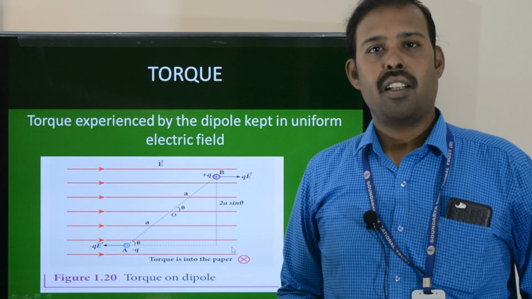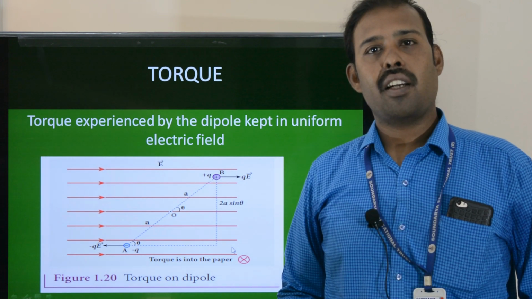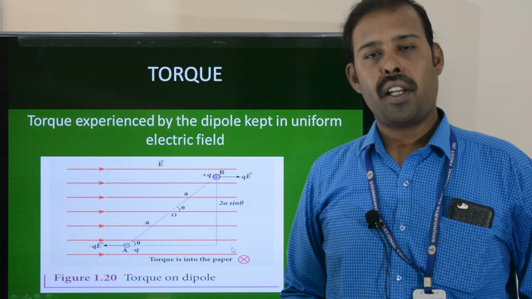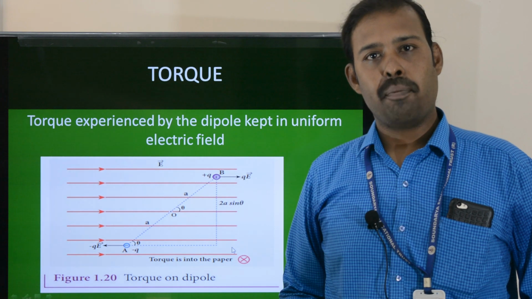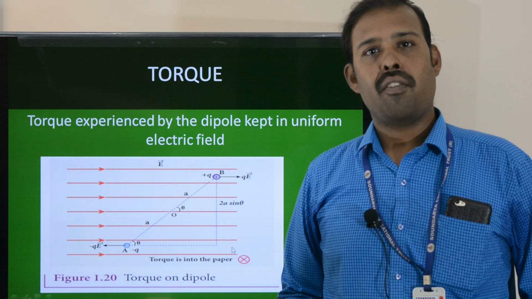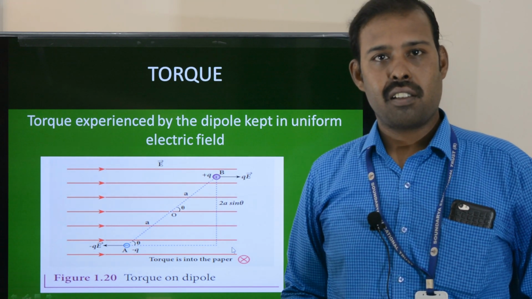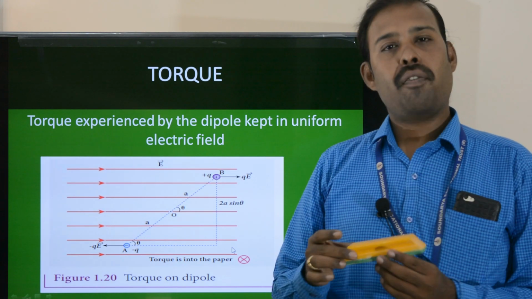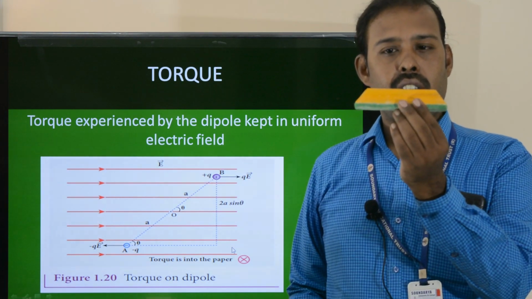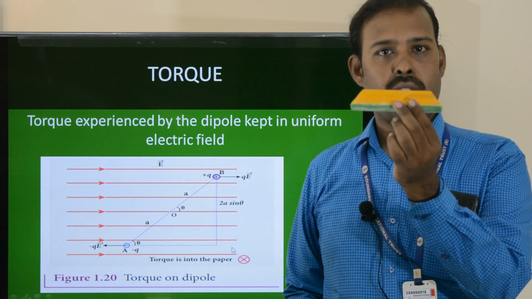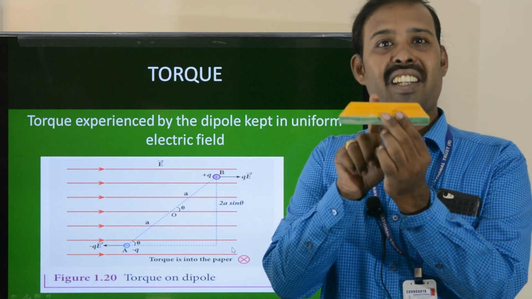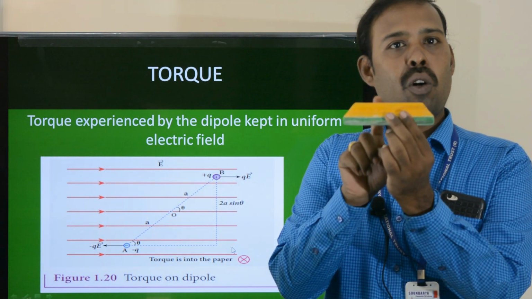Next we will see the torque experienced by the dipole kept in a uniform electric field. Before that, we will understand what torque is. For example, if I have a body and I apply a force, if this body experiences a net force, it will undergo a linear motion.